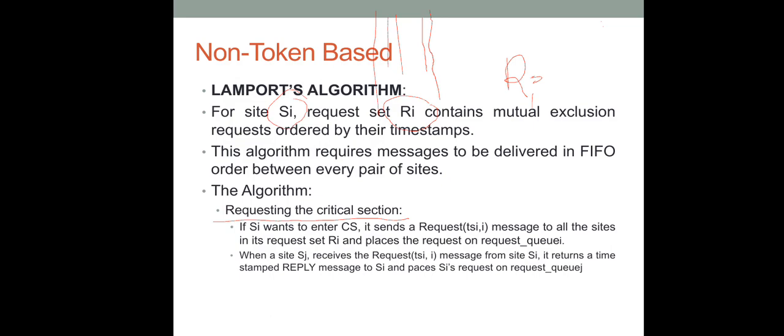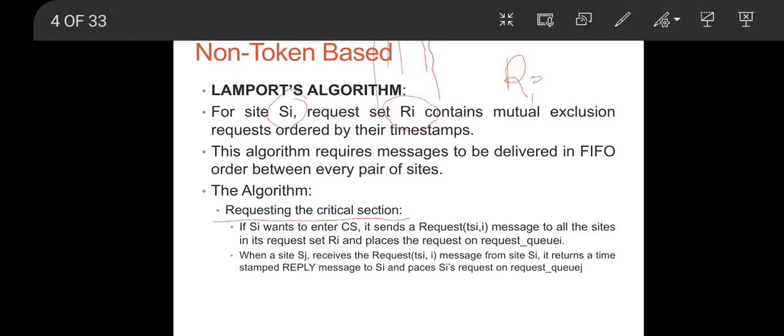Now the first part of the algorithm is requesting the critical section. If a processor wants to use the critical section, let us say a site SI wants to use the critical section, then it will have to send a request message to all other sites in the distributed system.